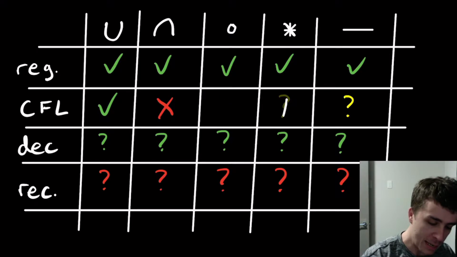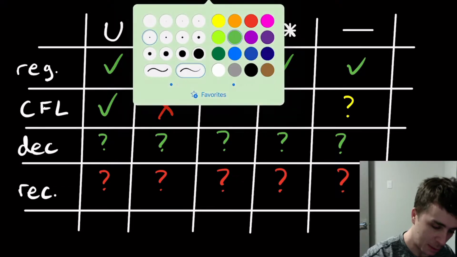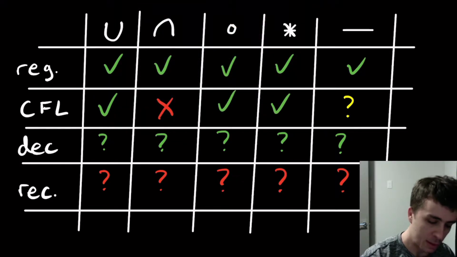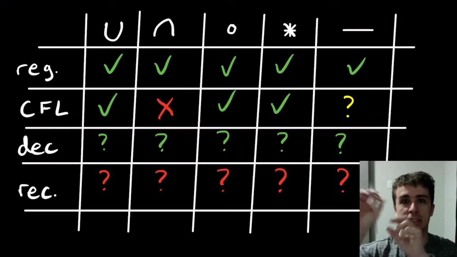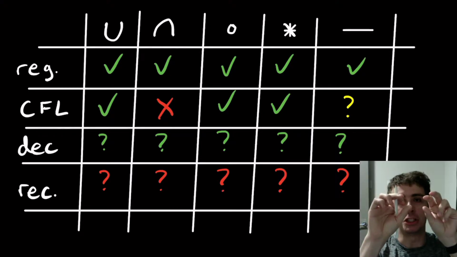For concatenation and star, the answer was yes. The answer was yes, because we can do that same trick with the two start variables. So this time it has the new start variable going to S1, S2.